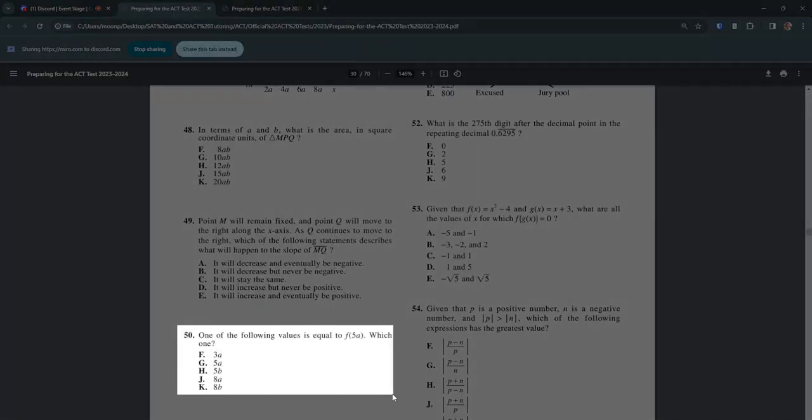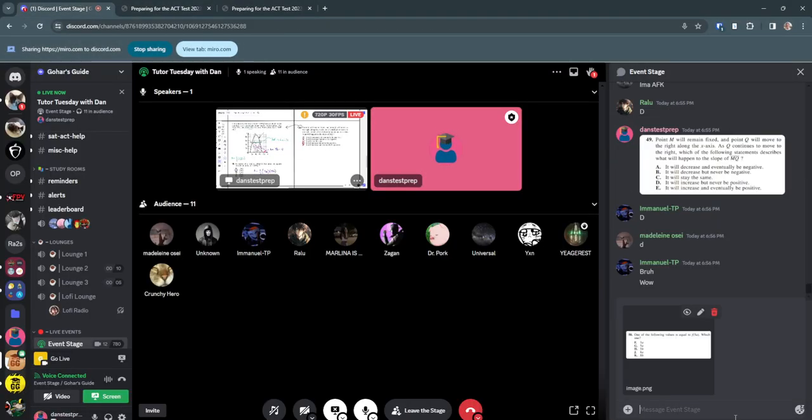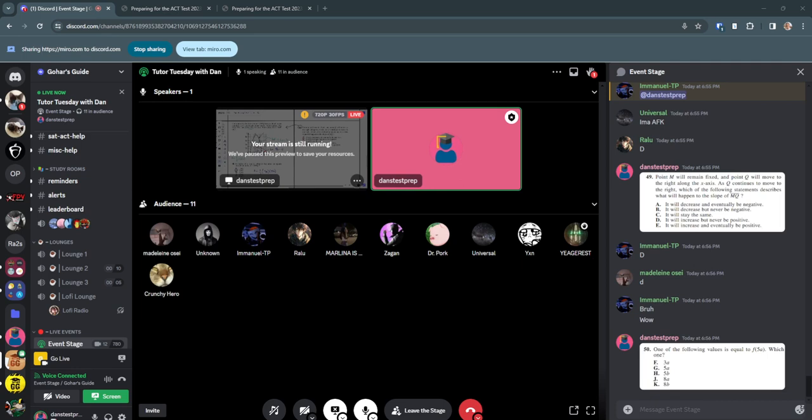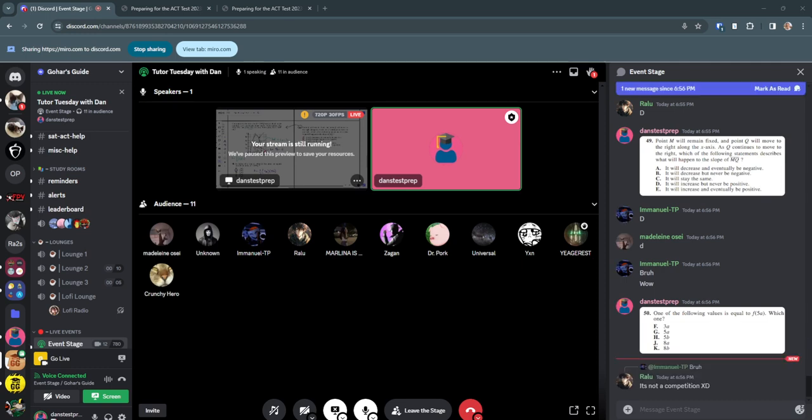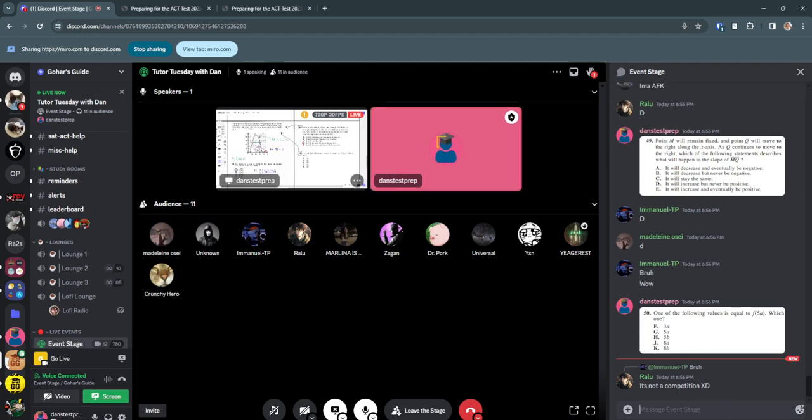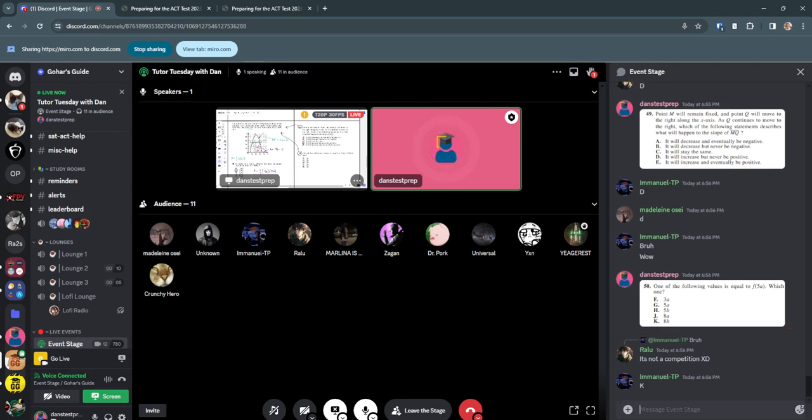Question number 50 is the last one that's related to this set of triangles and parabola question. It's asking which one of the following is equivalent to f of 5a. f of 5a is the function evaluated at x equal to 5a.